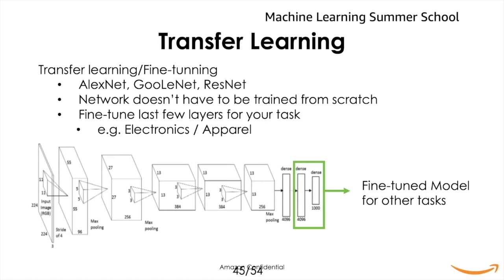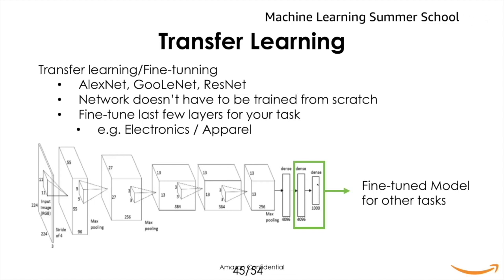The other more commonly used way is to take the weights of a trained network. A lot of trained networks are available: AlexNet, GoogleNet, ResNet. These networks are trained on large data sets, and these trained weights can directly be used in your network. So you initialize your network with these trained weights, and then just train the last few layers for your task.